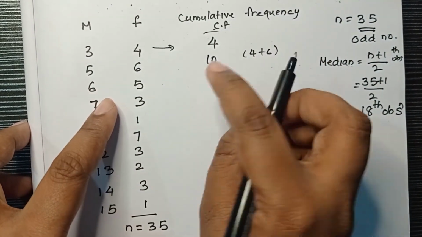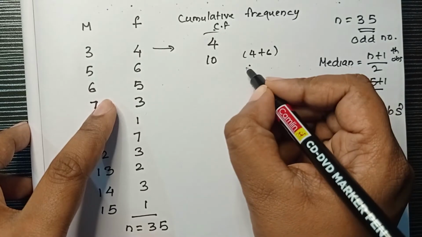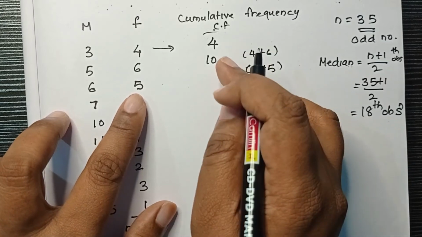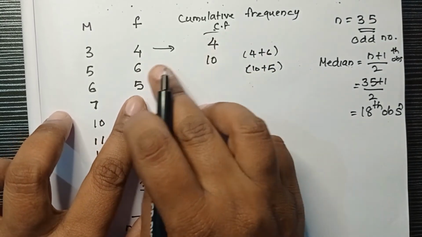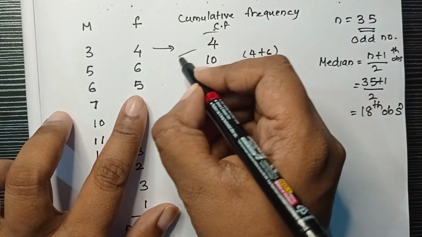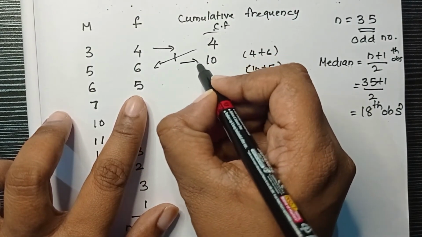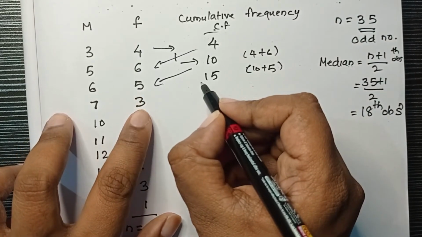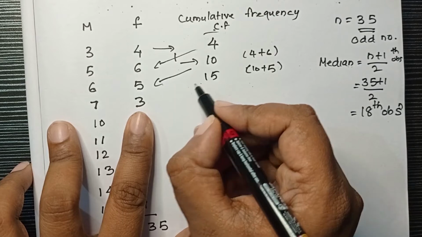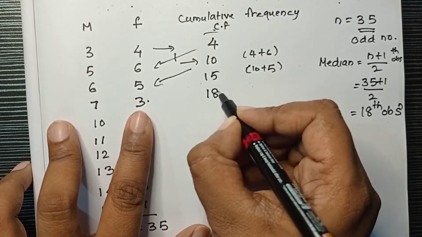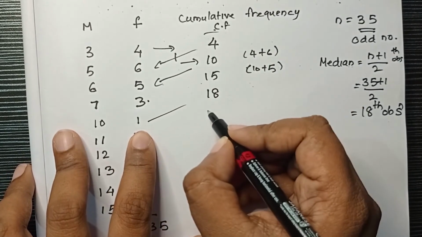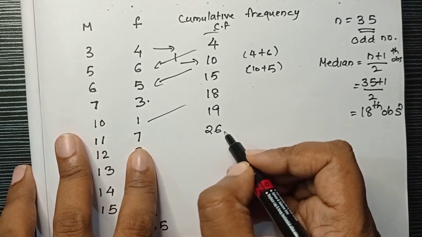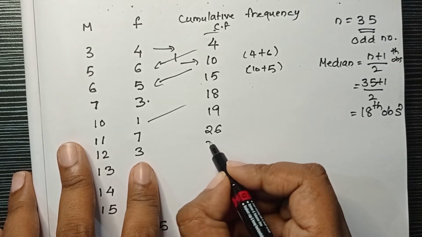Now the next value is this 10 plus this 5. We are doing the cumulative value. So first we write this frequency, then 4 plus 6 is 10, then 10 plus 5 is 15, then 15 plus 3 is 18, then 18 plus 1 is 19, 19 plus 7 is 26, 26 plus 3 is 29.